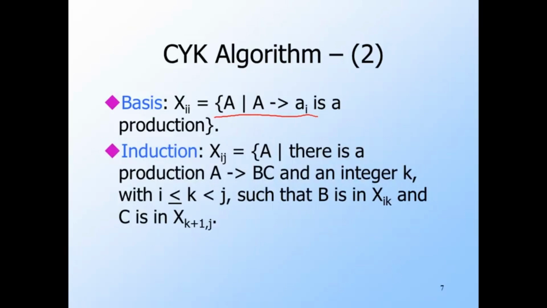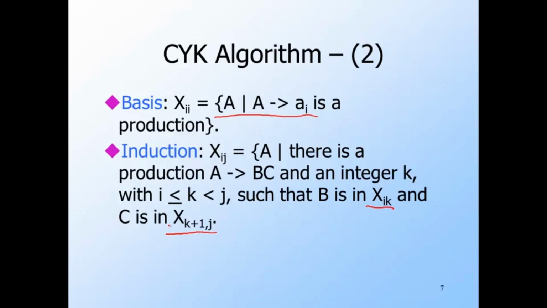The first is the substring from a_i to a_k for some k less than j, and the second is a_k+1 through a_j. Both these strings are of length less than j minus i plus 1, so we have already computed the sets X_ik and X_k+1,j.